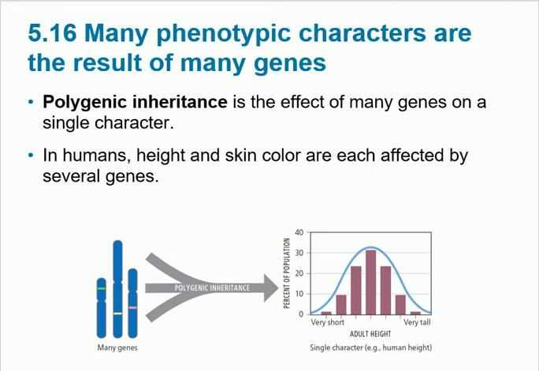But there are several genes that work on that character, and we call that polygenic. Poly means several. Genic means genes. So if you wanted to study why this person is tall, you're not studying one gene. There are multiple genes that work together to give you that type of inheritance, and we call that polygenic. Several genes.